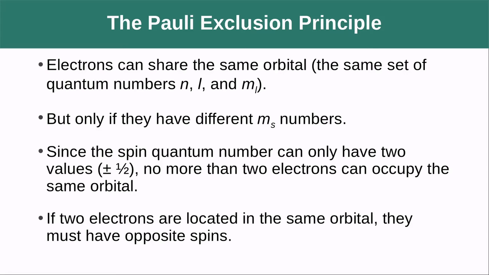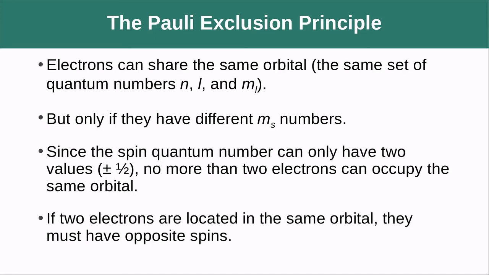Electrons can share the same orbital, but they will wind up having different ms numbers. They'll be arranged opposite one another. Since the spin quantum number can only have 2 values, plus or minus 1/2, no more than 2 electrons can occupy the same orbital. So every orbital gets 2 electrons, max.